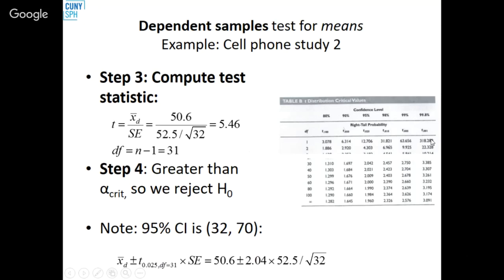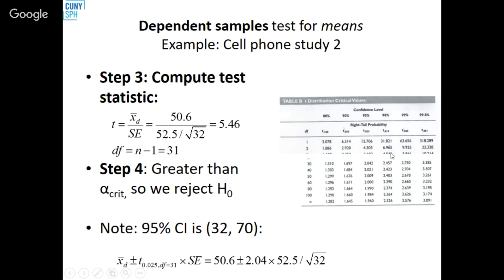I can't quite read it up here, but for 95% with, let's say, 30 degrees of freedom, the critical value, sorry, for T.025, the critical value is only about 2. So we're definitely going to reject the null hypothesis.